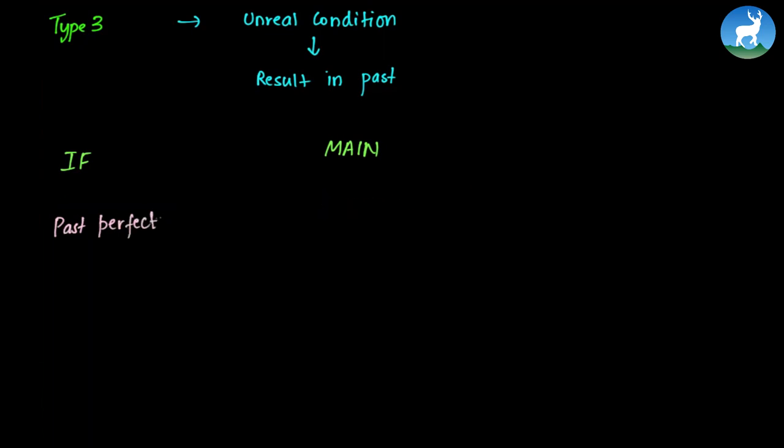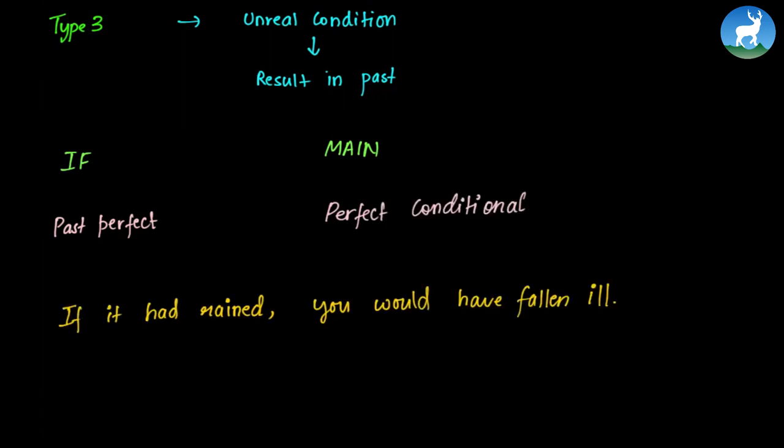For the if clause, we use the past perfect tense, while for the main clause, we use the perfect conditional. For example, if it had rained, you would have fallen ill. Now, if it had rained is in the past perfect tense, while the would suggests conditional type, would have fallen is the perfect conditional tense.